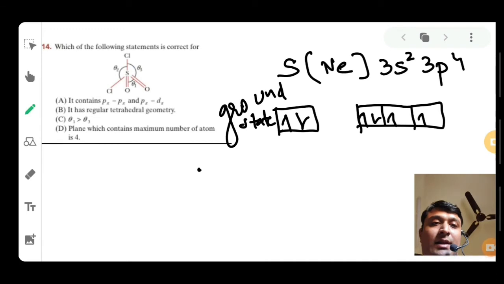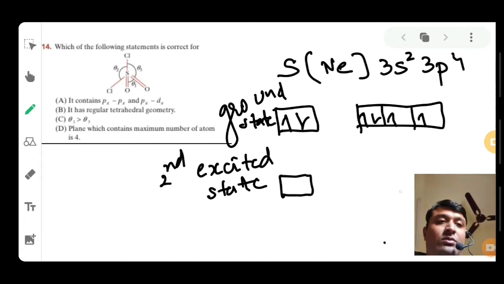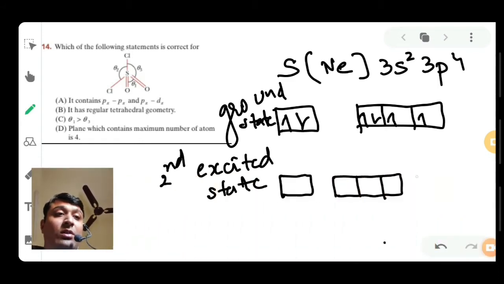Now in its second excited state, if you provide the energy to the last shell electrons of p orbital, some electron will jump to d orbital, and as you know very well, d orbital has 5 shells in it.